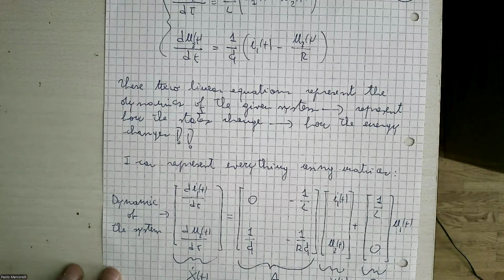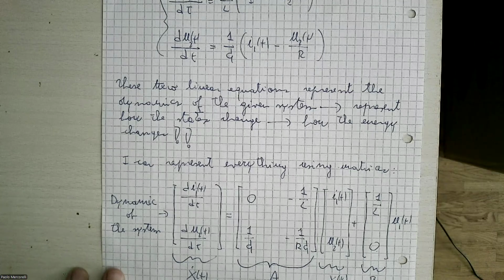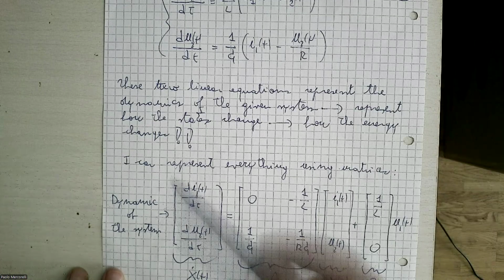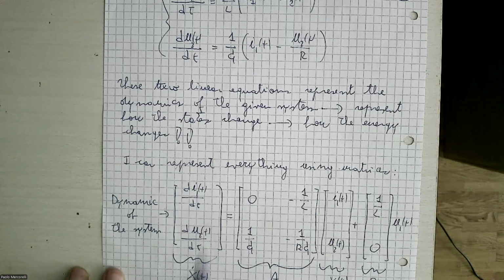We have the matrix A, the matrix B, X is the vector of the states, X dot the derivative of the state vector. Basically, in each component of X dot, we have the derivative of the state.